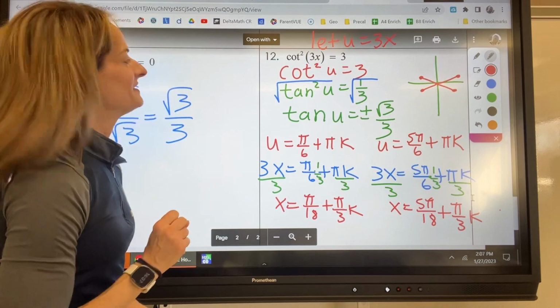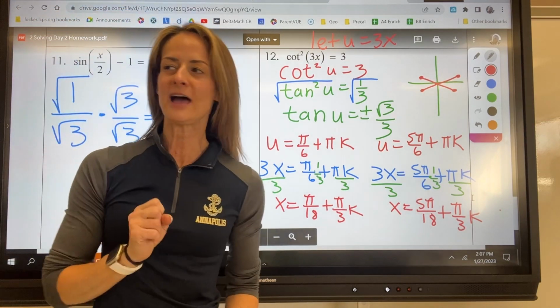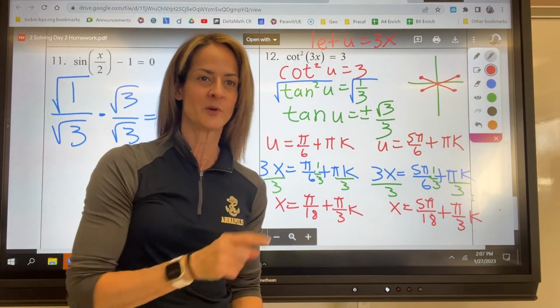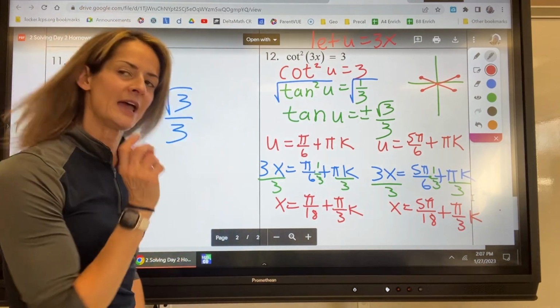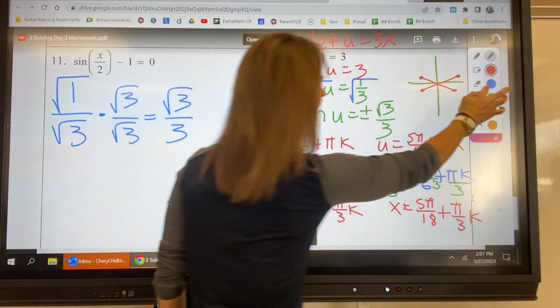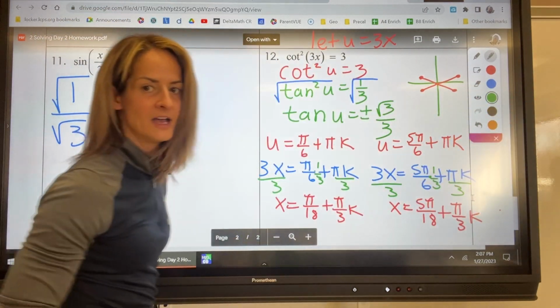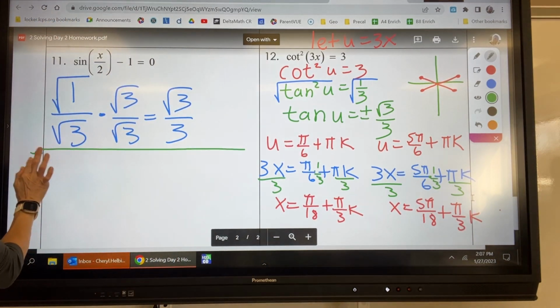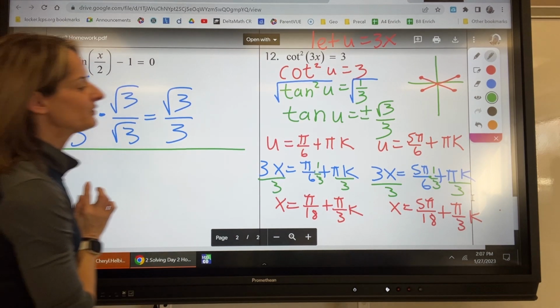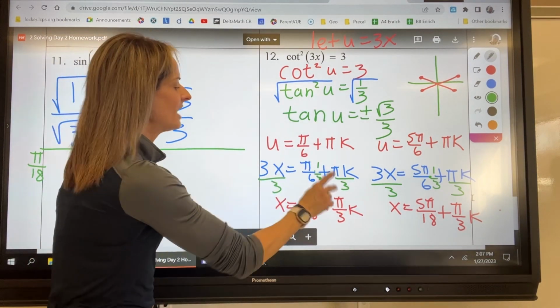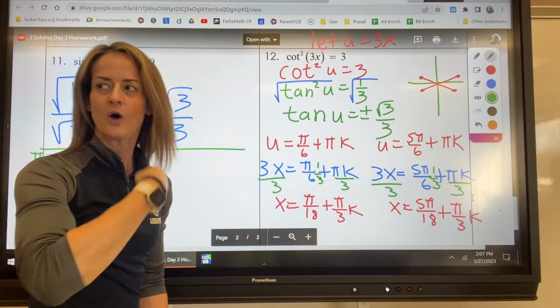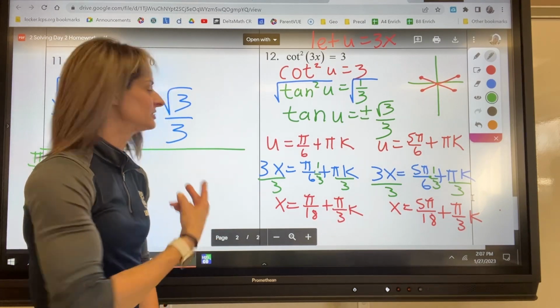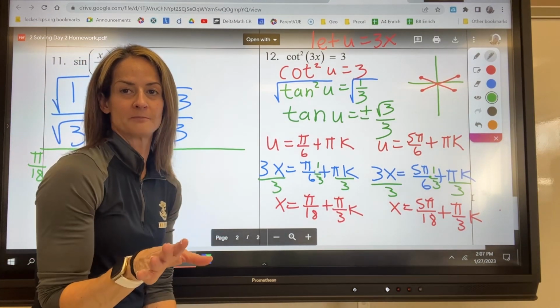However, this problem is asking us to list out all the solutions. This is the reason why we did this problem. So what we're going to have to do is start with pi over 18, and I'll list them right here. And we are going to have to add pi over 3 a whole bunch of times until we get to a number that's greater than 2 pi and then stop.